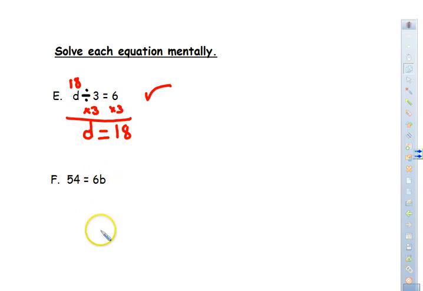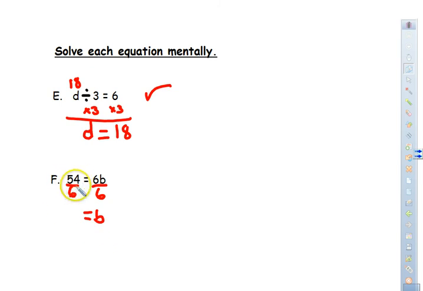6b, again, we have to start on the side with the variable because that's what we're trying to solve. And this says 6 times b, therefore we could divide both sides by 6. And we get b by itself because 6 divided by 6 does equal 1. And 1 times b will equal b because 1 times any number is that number.